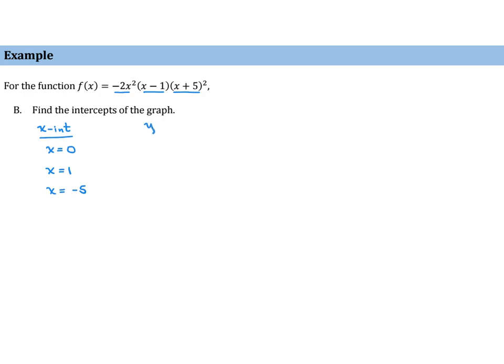Now for our y-intercept, we know that we can just let x equal 0. So f of 0 equals negative 2 times 0 squared, 0 minus 1, 0 plus 5 quantity squared. So we get 0. So our y-intercept is y equals 0.